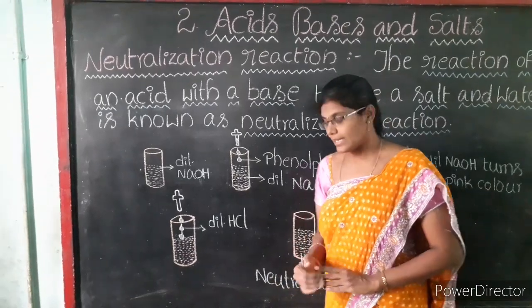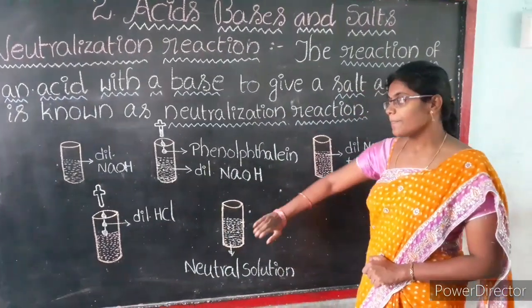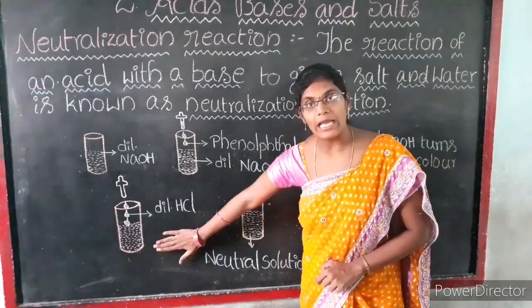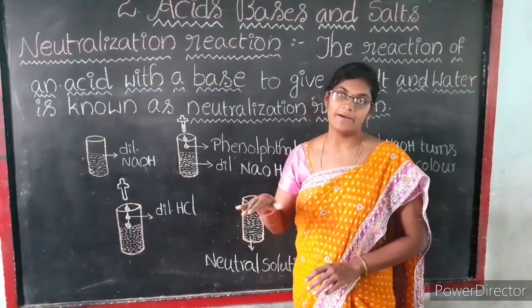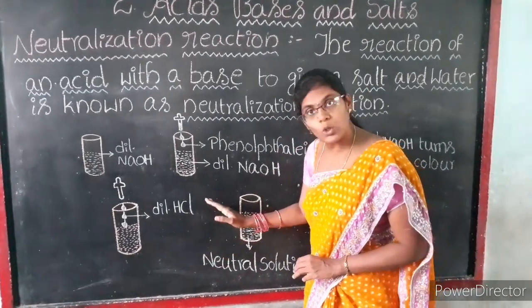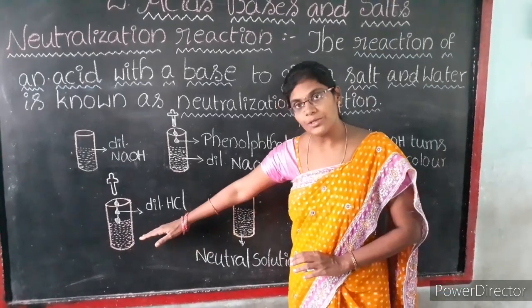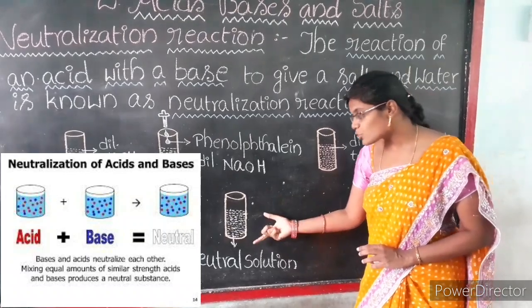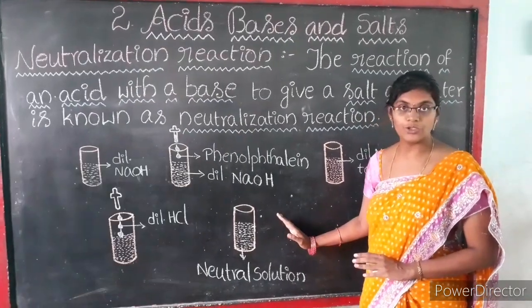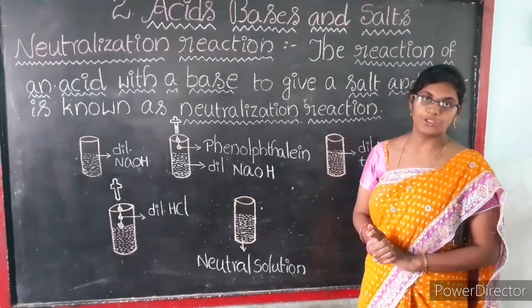Finally, we will get a colorless solution, because here the basic nature of sodium hydroxide is nullified by hydrochloric acid. So, finally, this solution becomes a neutral solution. Right now, this solution is neither acidic nor basic. This is only a neutral solution.